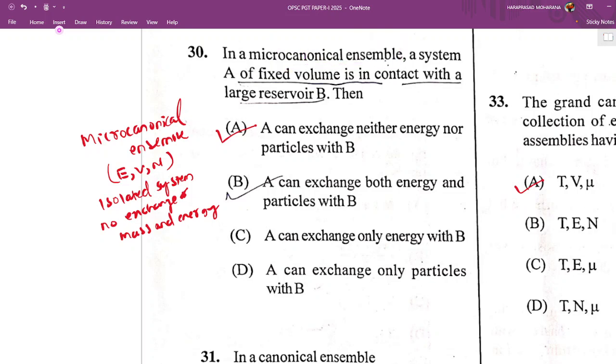In a microcanonical ensemble, we have E V N as the thermodynamical parameters. This is an isolated system. There is neither exchange of energy nor exchange of mass, and mass means particle exchange. So there will be no exchange of energy or particles with B. So option number A is correct.